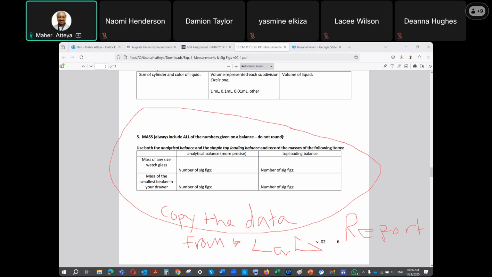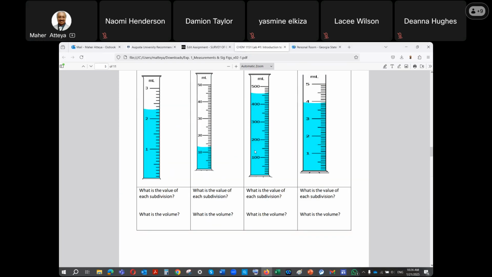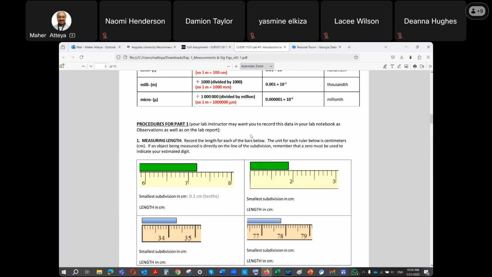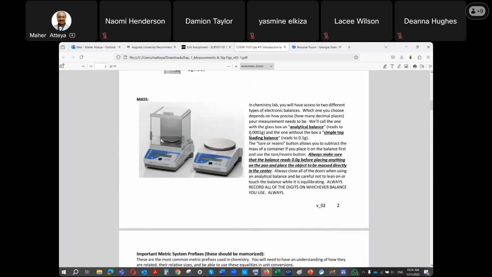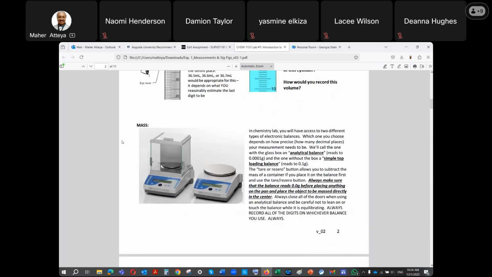So if I go there, here are the different balances we have in the lab. So this is the top load. You load stuff at the top of it. And this is the analytical one.